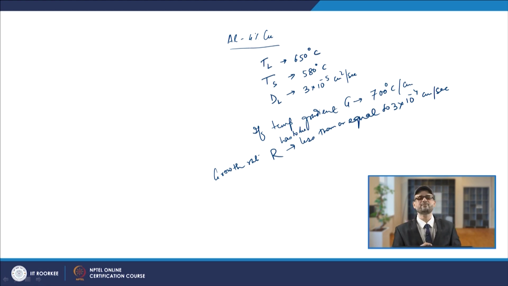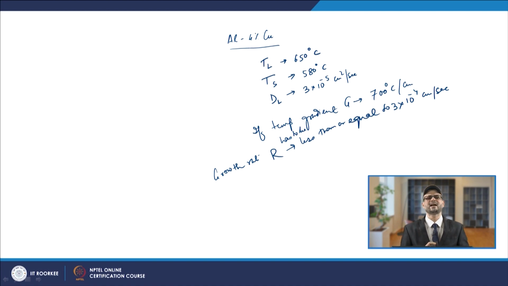If the growth rate is higher than this, the planar mode of solidification will break, and you are likely to get cellular or dendritic type of solidification structure. This we had seen in our earlier lectures.